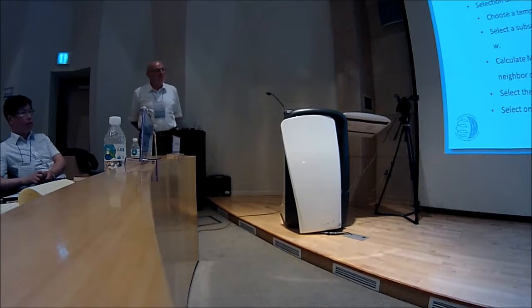The K nearest neighbor algorithm starts with the selection of the nearest neighbors, where you choose the temporal window, select the subset of potential neighbor days within that window, calculate the distance of each potential neighbor day from the reference day, and then select the closest K nearest neighbor days based on that distance.